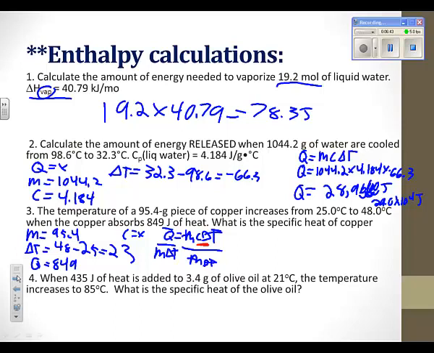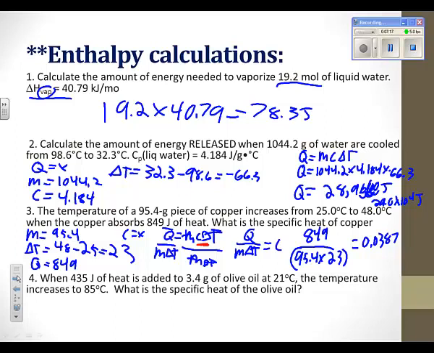So that's going to be Q over m delta T equals C. And now you just plug it in. Q is 849, divided by your m, which is 95.4, times your delta T, at 23. Make sure you put those in parentheses. You're doing it all in one step. That will give you 0.0387. If we consider water to be 4.184, this is going to be a very, very low specific heat capacity, so this is most likely a metal, which it is, copper.